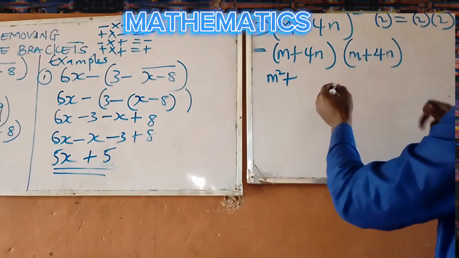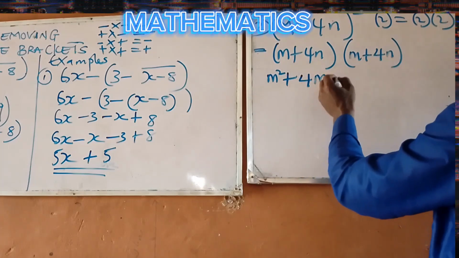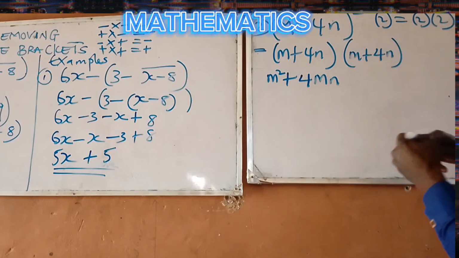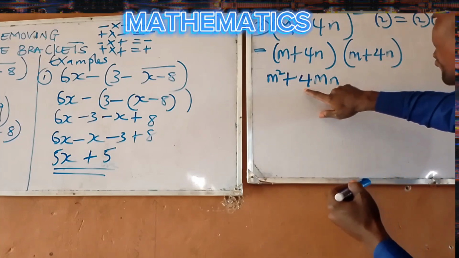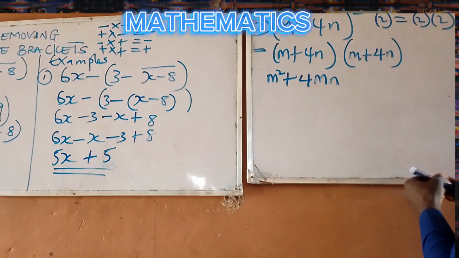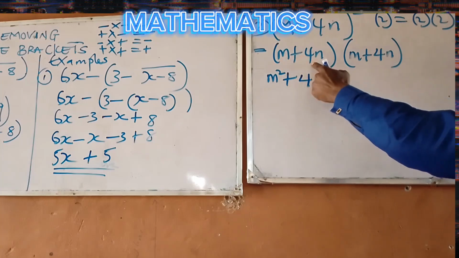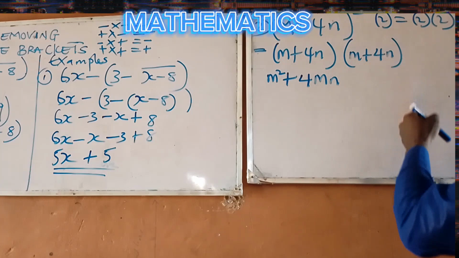m times 4n, we have 4mn. That is m times 4n. Now you have used this. The next one is to use your plus 4n to also multiply this bracket.